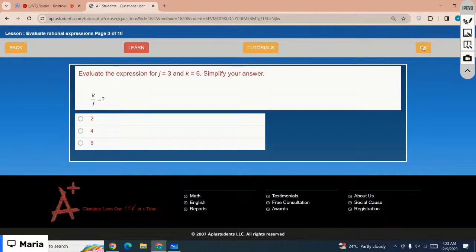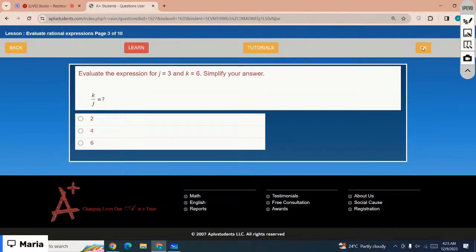Evaluate the expression for j equals 3 and k equals 6. So, which is the correct option? k is 6 and j is 3, right? So, replace the variables with their values.